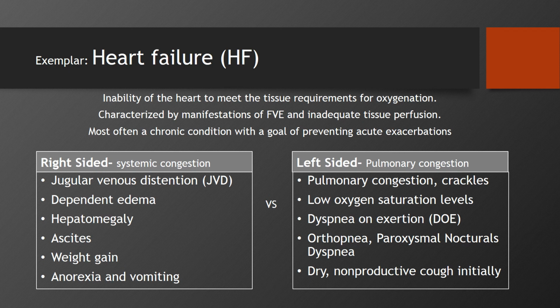It is a chronic condition, so it's going to be like a lifelong treating. It's progressive, and again, it's because the heart is unable to pump enough blood into the circulation to meet the body's demands. So what are you going to see when patients have this?